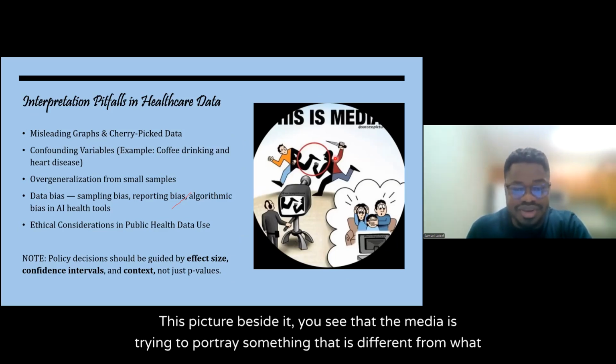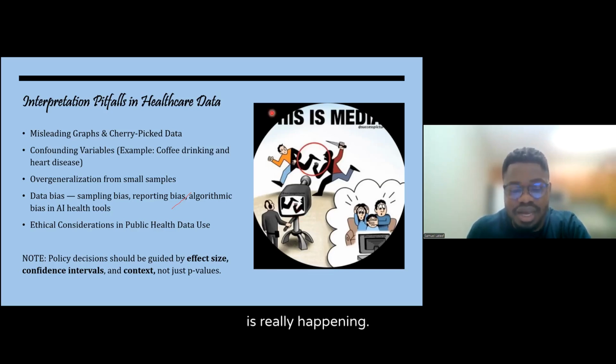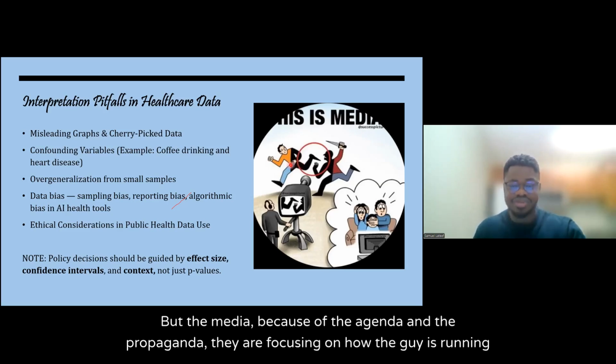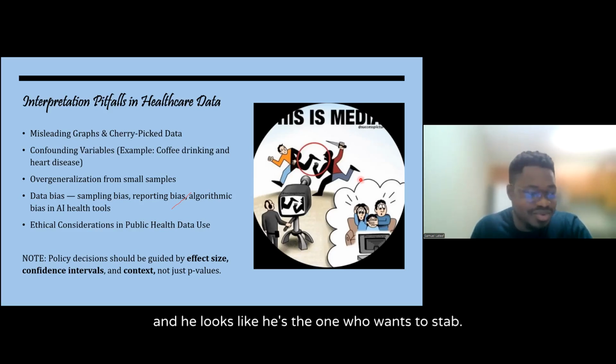In this picture beside it, you see that the media is trying to portray something that is different from what is really happening. What is really happening is that the guy at the back wants to stab the guy in front, and the guy in front is running. But the media, because of the agenda and the propaganda, are focusing on how the guy is running, and it looks like he's the one who wants to stab.